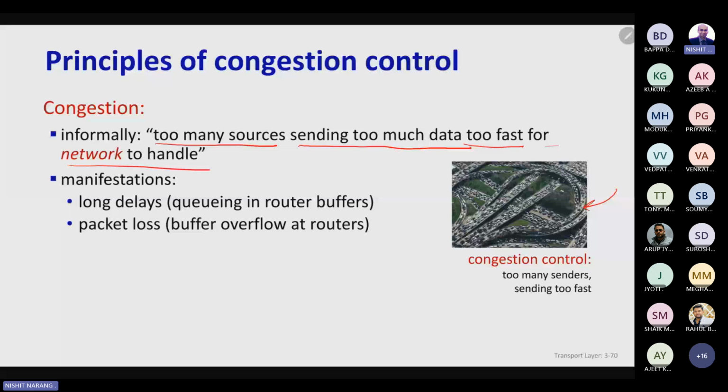How do you detect network conditions? How does it manifest? Or if I look at TCP, how would TCP know that there is network congestion? The manifestations are observed because of what happens in the network. When network congestion happens, queues and router buffers fill up, so the queuing delay goes high.